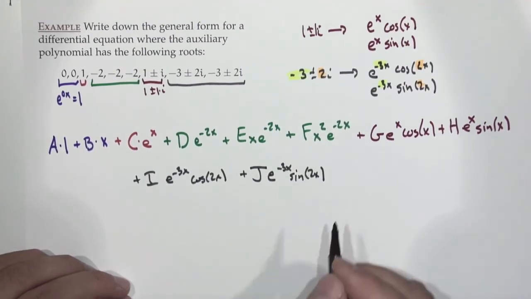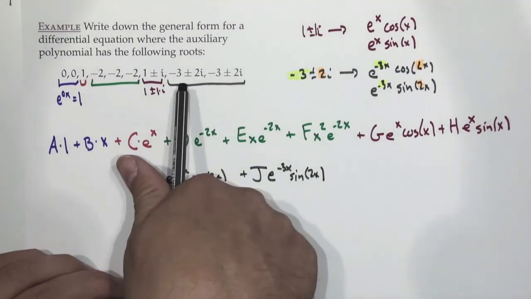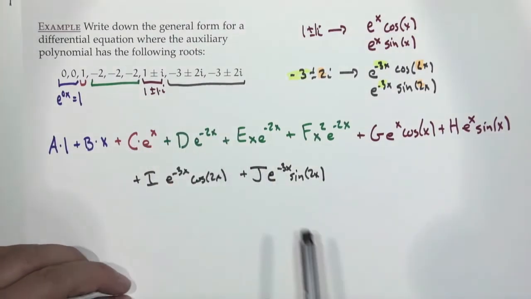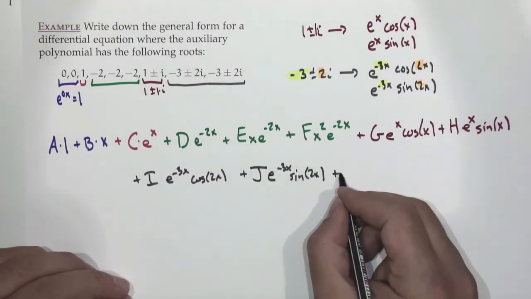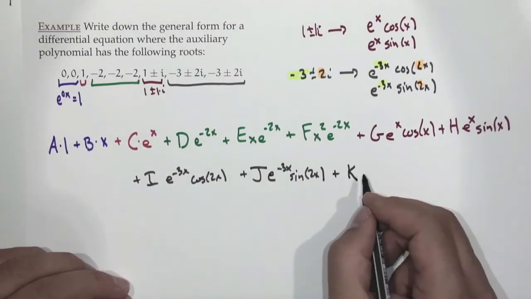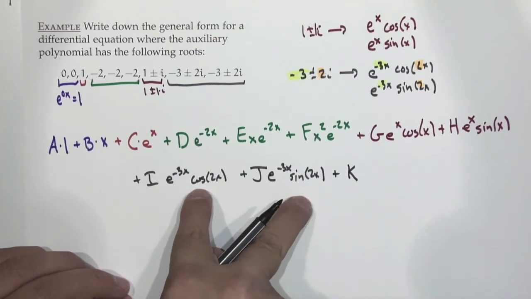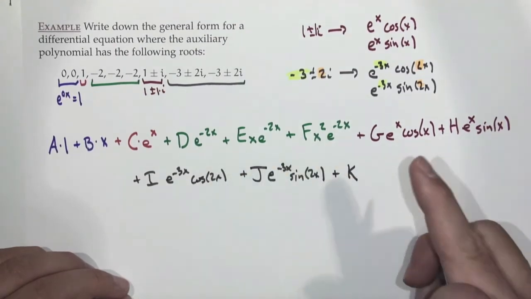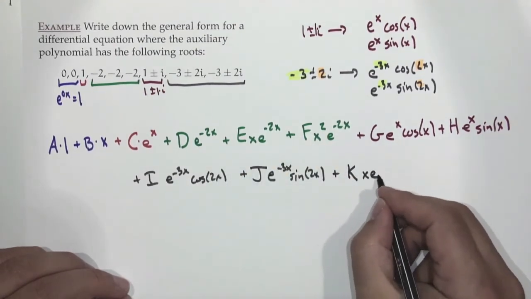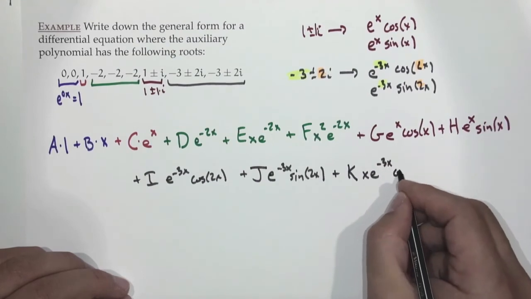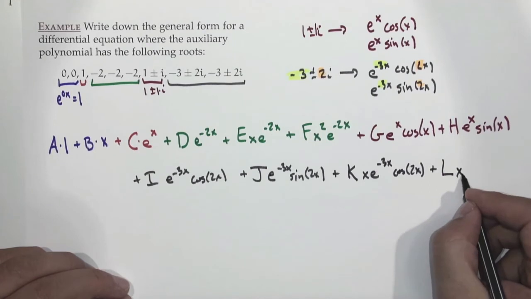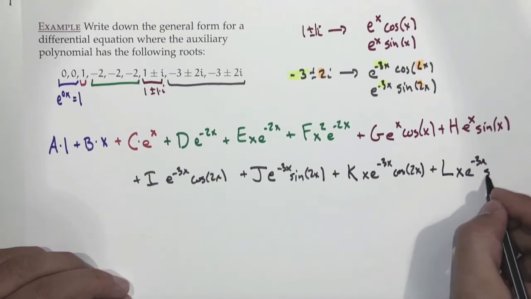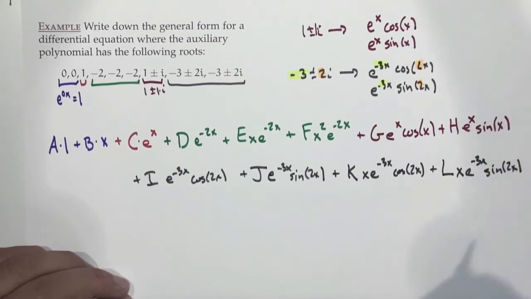Are we done? No. We have repeated roots. So now what comes next? Yeah, and then you bump these. They both get bumped. So x e to the negative 3x cosine 2x plus L x e to the negative 3x sine 2x. And now what?